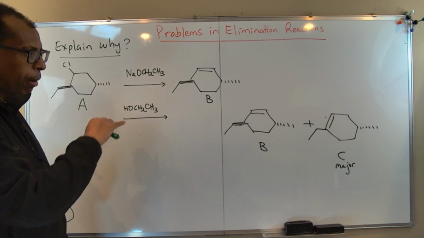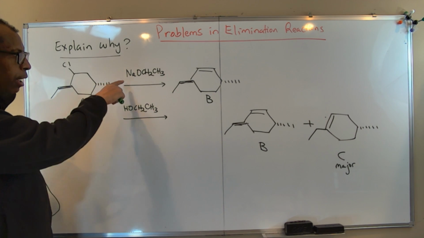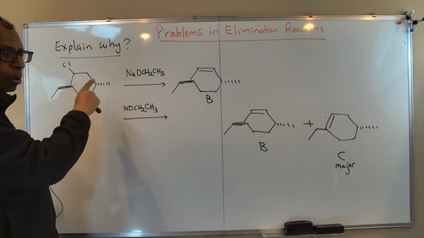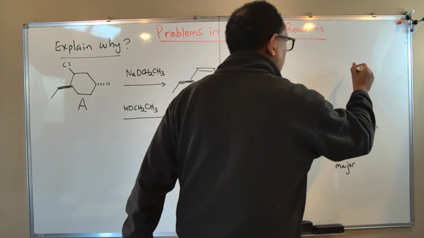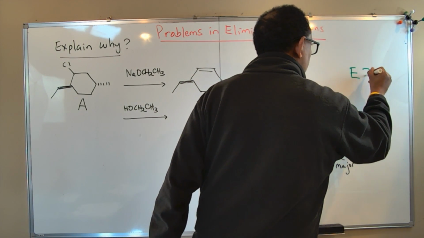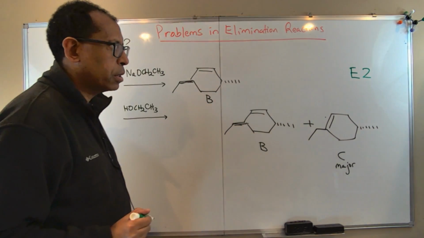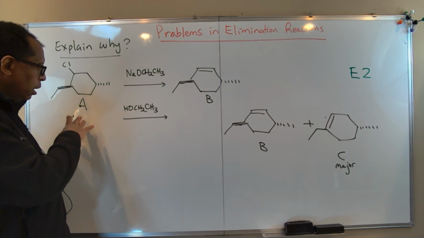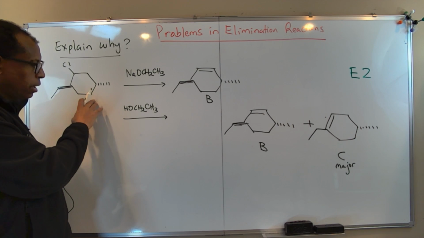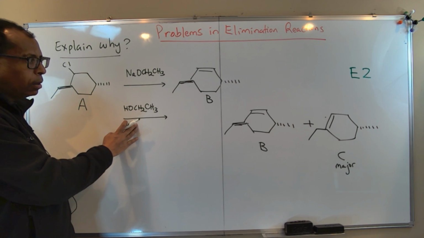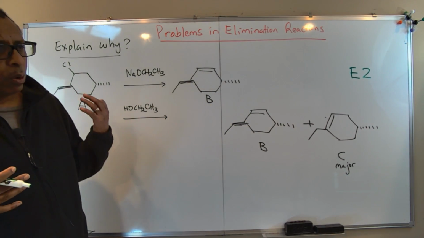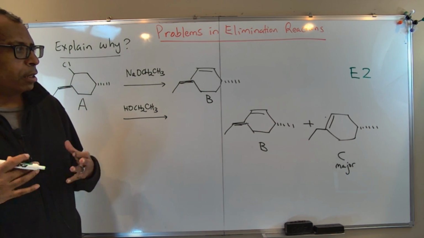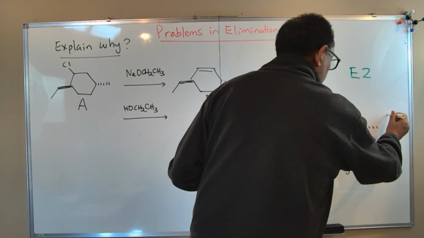So now this is very interesting, and you need to think closer to the problem. In the top case, it is a strong base, which suggests that it goes through an E2 mechanism. That's the first thing I would write. In the case of treating A with ethanol, it is a very weak base, alcohols, that's polar protic solvent. It goes through an E1 mechanism.